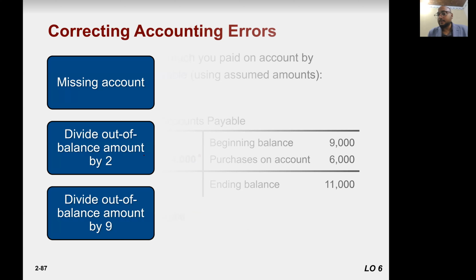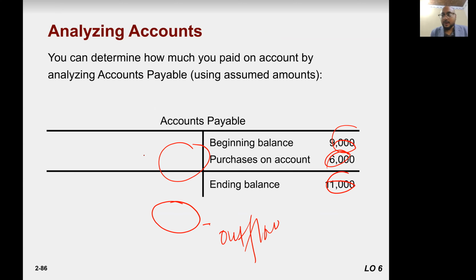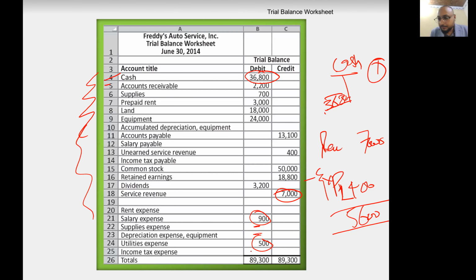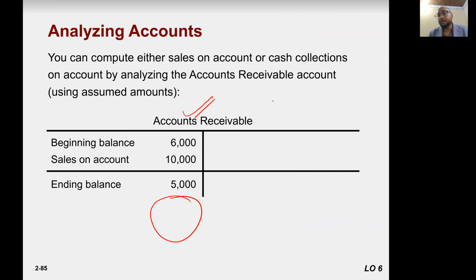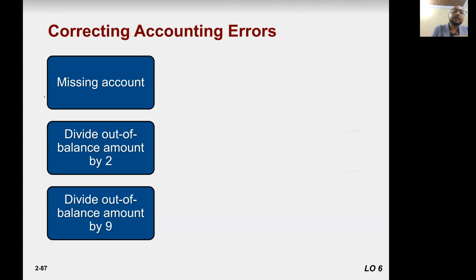So if this trial balance is not equal, it means either you made a mistake from here, you missed the entry, or you made an error. Computer cannot make error, but human posting can make error. So if that happens, you write it down here in missing accounts.